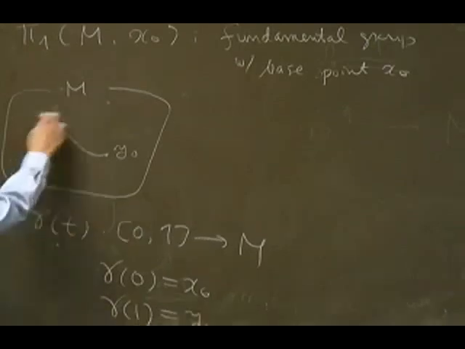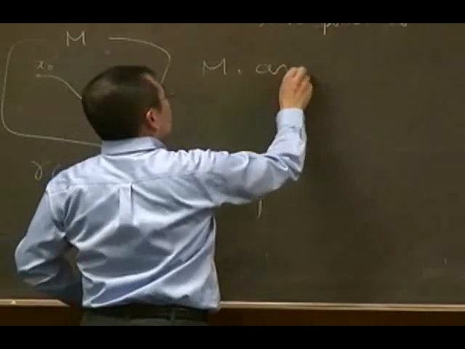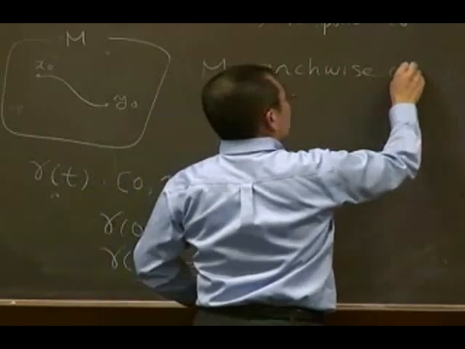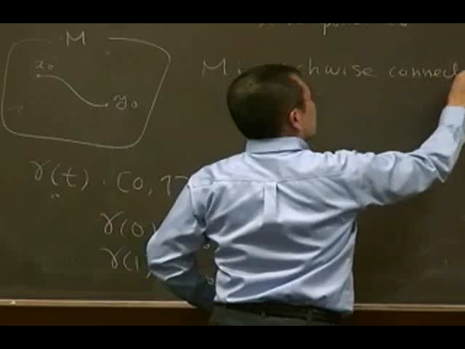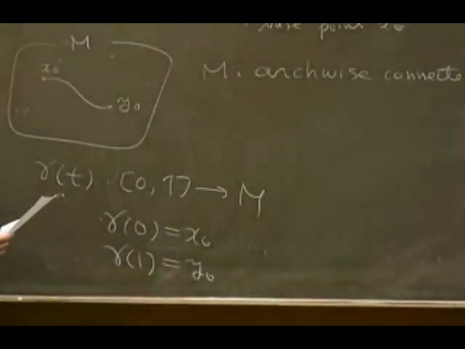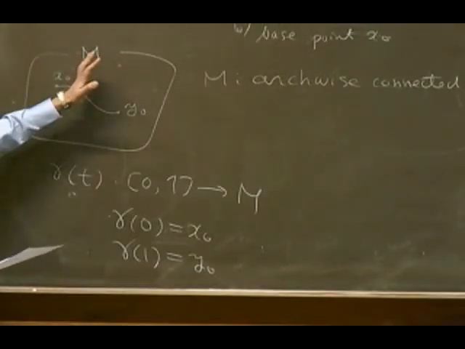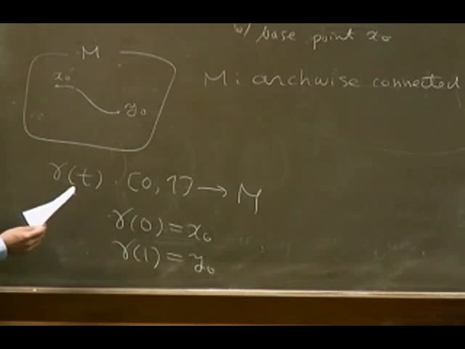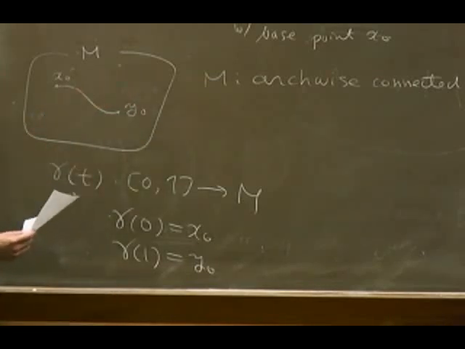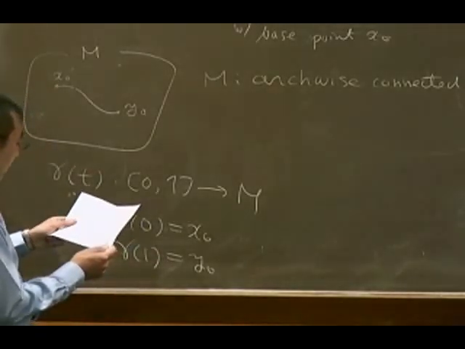Then, for any x0 and y0, we say that M is arcwise connected. This is slightly different from the connectedness of the manifold. For practical purposes, we can think of them as the same, but there are some pathological examples where they are not exactly the same.